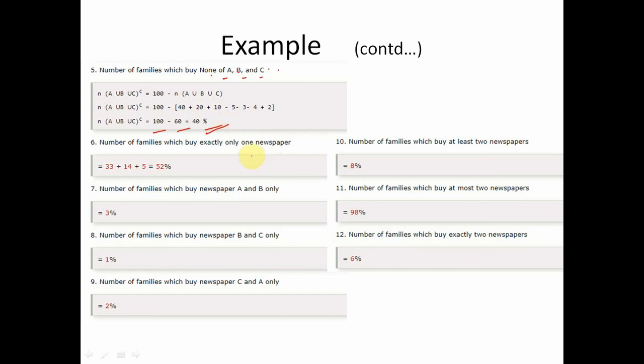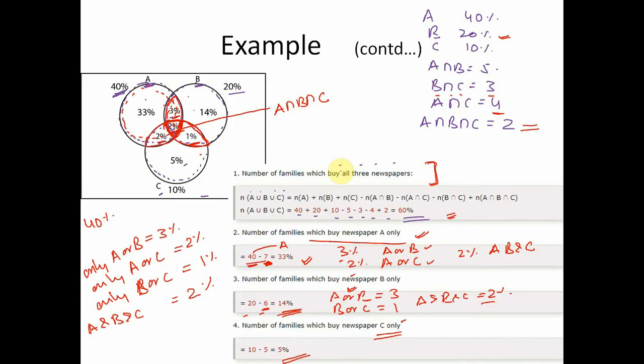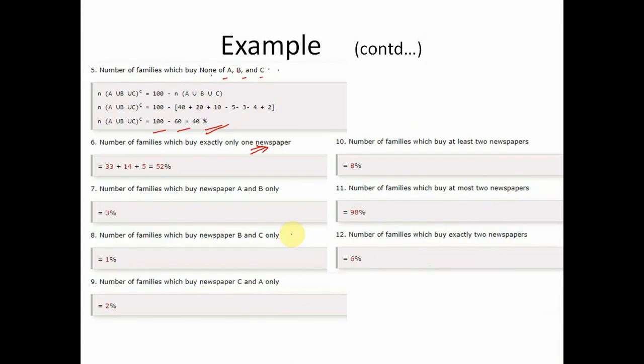Number of families who buy exactly one newspaper: we have just calculated the number of people who are buying only A as 33%, only B as 14%, only C as 5%. So those buying only one newspaper is 33 plus 14 plus 5, that is 52%.